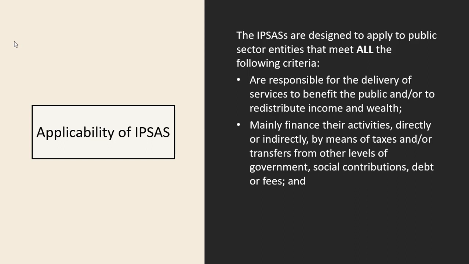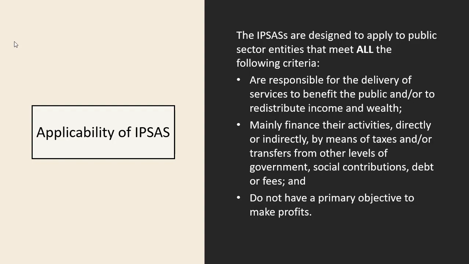So there's no commercial element in the operations of the entity, and obviously the objective is not to make a profit. So when you've got an entity, it needs to pass all these three criteria. Generally, that would include a lot of public sector entities, but there's going to be exceptions.